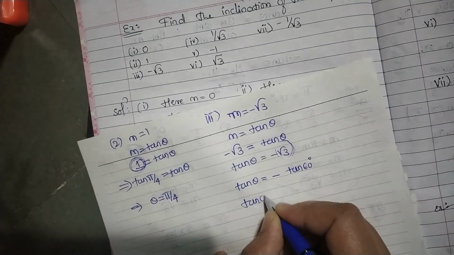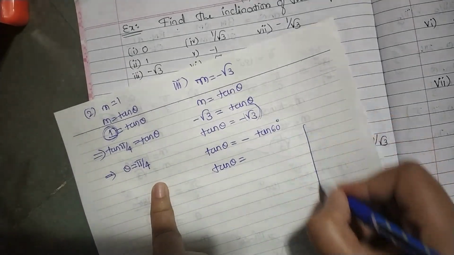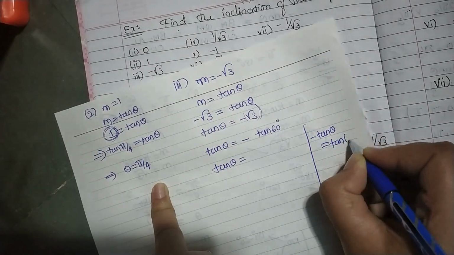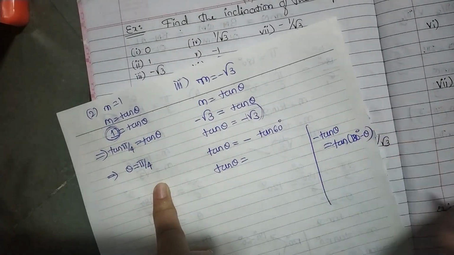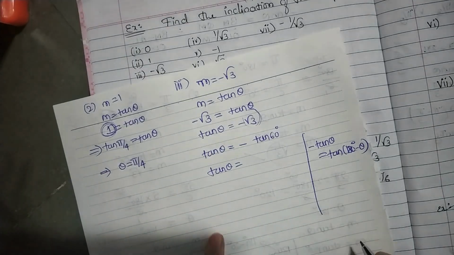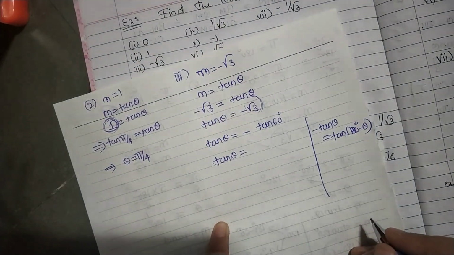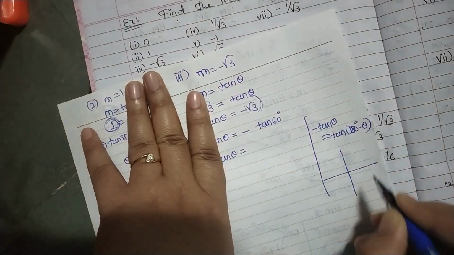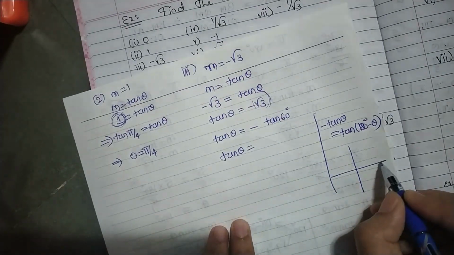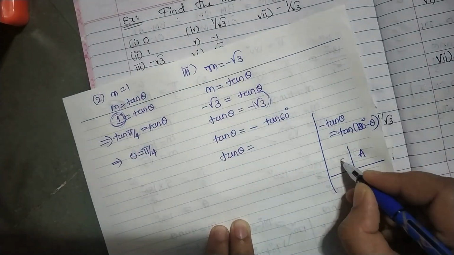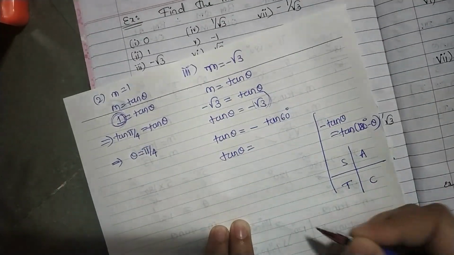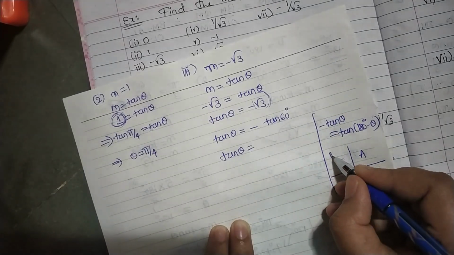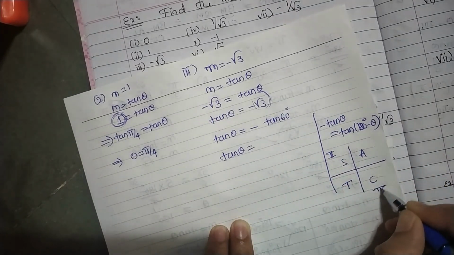Therefore tan theta is equal to, as you learned in lower classes, minus tan theta is equal to tan of 180 degree minus theta. Minus tan theta can be expressed as tan of 180 degree minus theta, because according to the ASTC rule, tan is negative in the second and fourth quadrant.